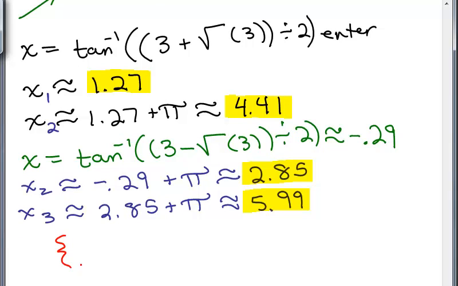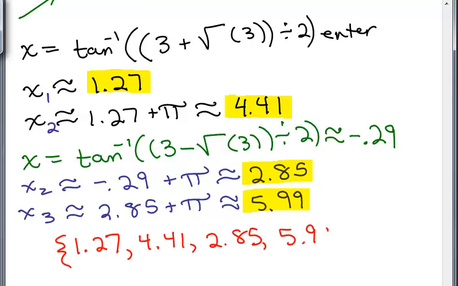So for our solutions here, remember, you want to write the answer as what was asked for, between 0 and 2 pi, so you don't want to use this negative 0.29. So we've got 1.27, 4.41, 2.85, and 5.99. Now it's easy to make a mistake, so let's check at least one of these in the original problem.